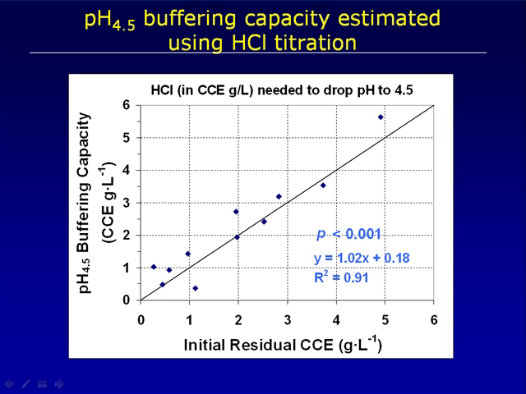What this graph shows along the x-axis is the initial residual calcium carbonate equivalents measured with the gasometric method, and on the y-axis this pH 4.5 buffering capacity, how much HCl was required to drop pH down to 4.5. As you can see, the two methods are very closely correlated.